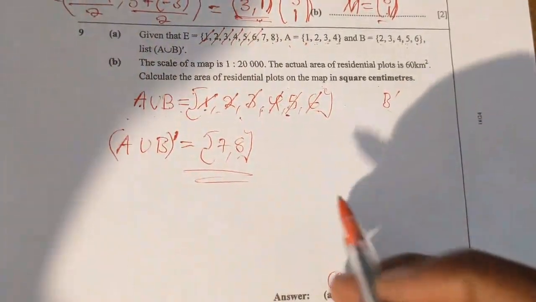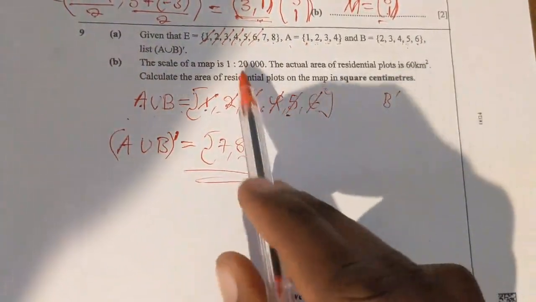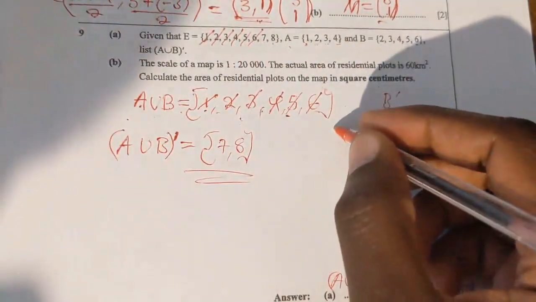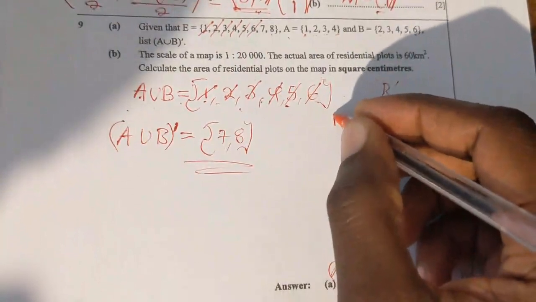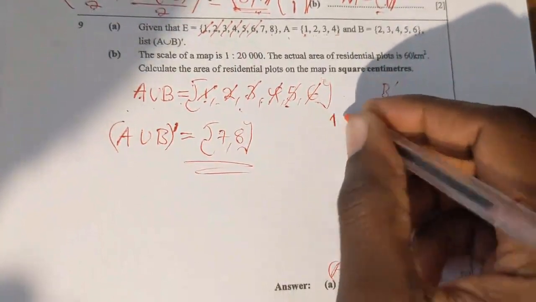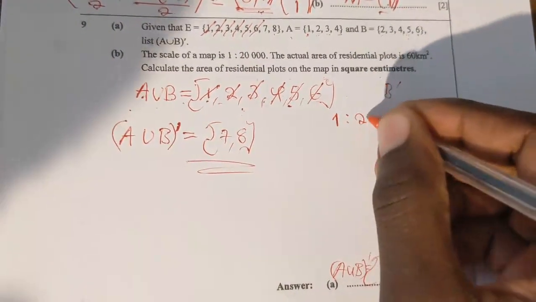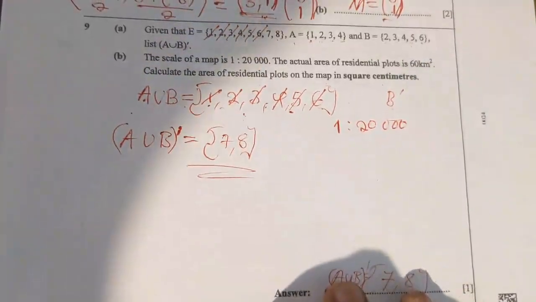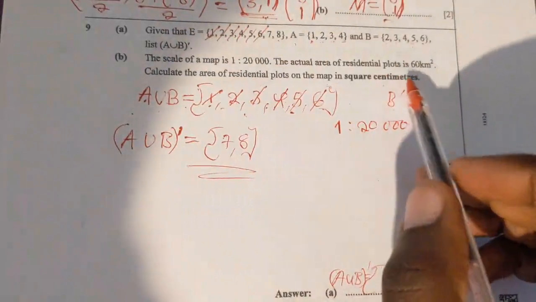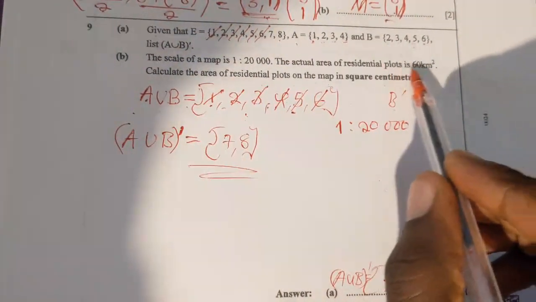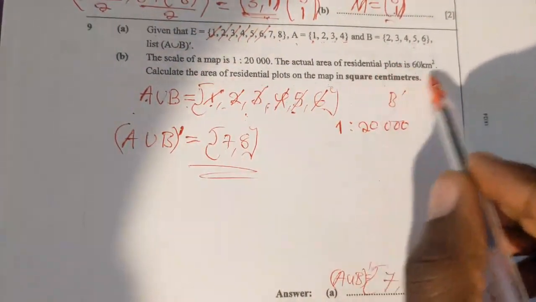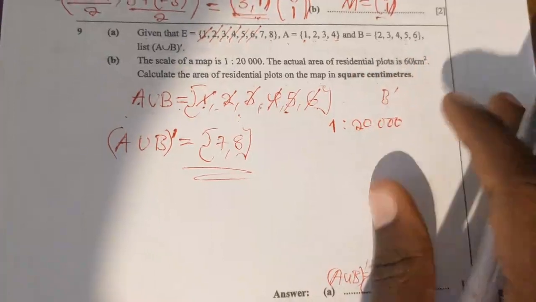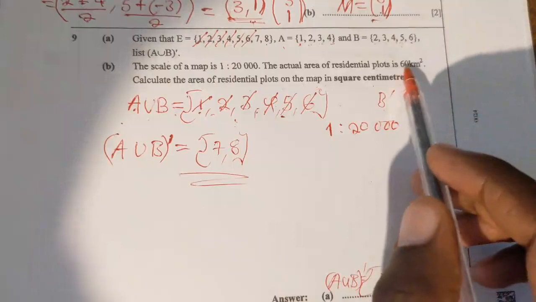Okay, so what you're supposed to do is, this is a scale, all right? So you have the scale as 1 to 20,000. Since what you have been given is the area, and the area is squared, the first thing you're supposed to do is to square this.